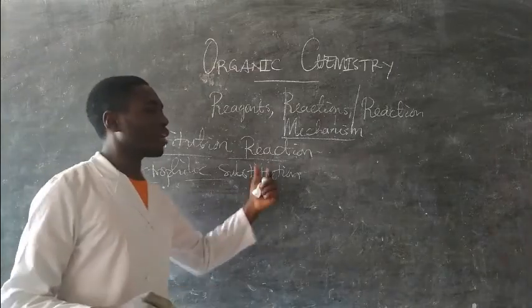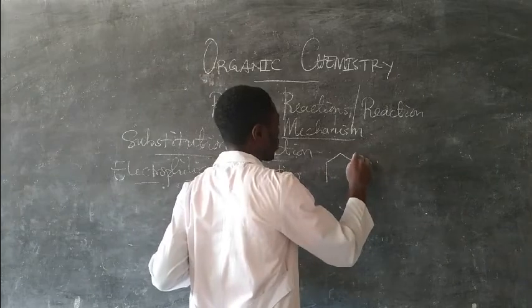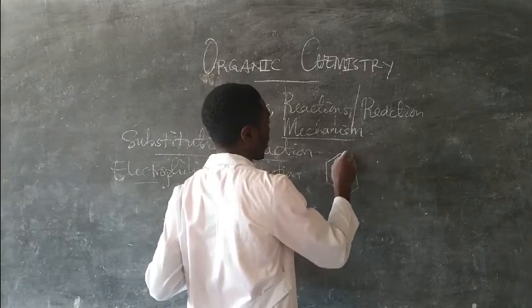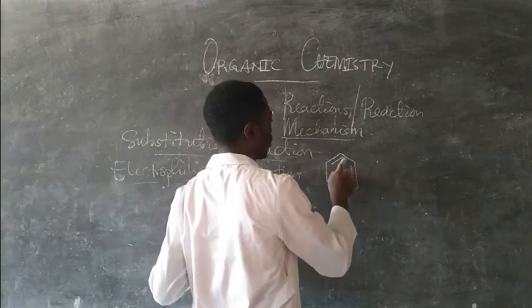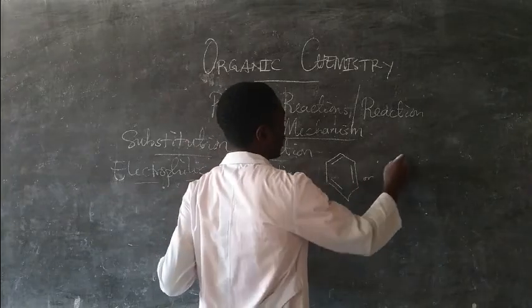Now, I will just try to say some things about benzene. Normally, the first structure of benzene that was discovered was called the Kekulé structure, which can be something like this. We can call it the Kekulé structure of benzene, or it could be something like that.